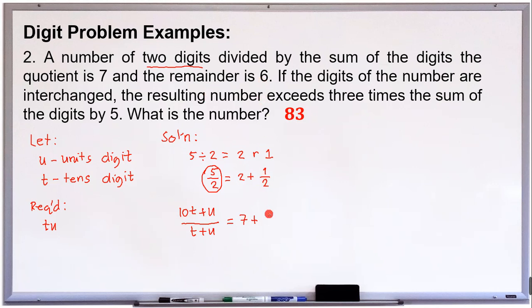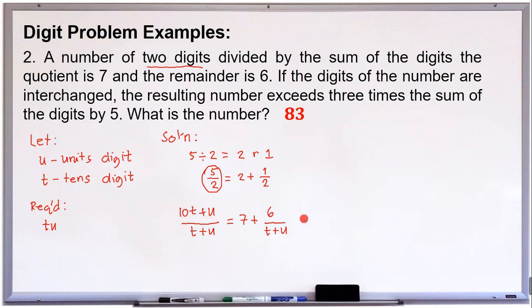We're going to put 6 in the numerator, and then we write the divisor on the denominator. So that would be t plus u. Okay, so this is our working equation for the first sentence.